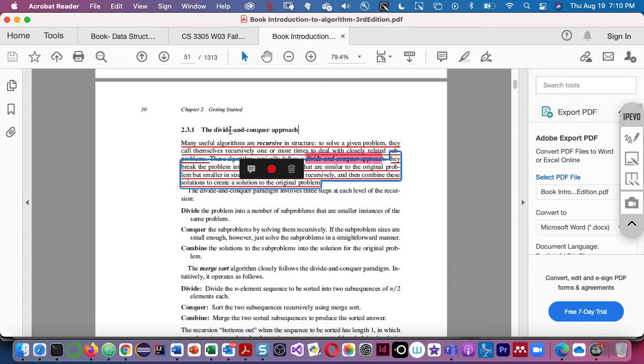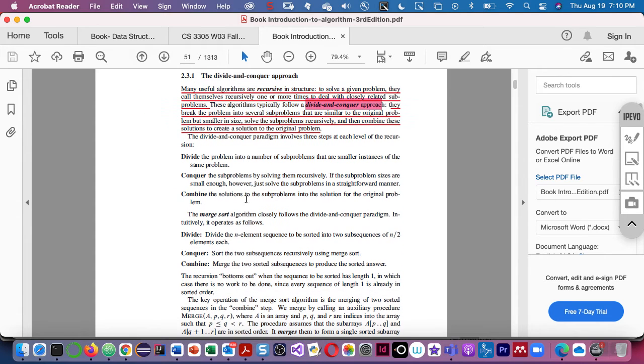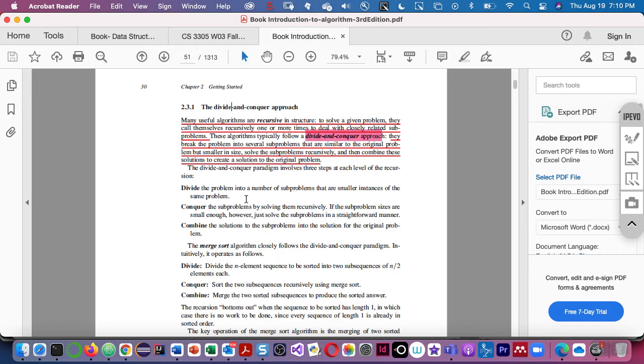So the title says divide and conquer. Divide means split the problem into some sub problems, some smaller instances, and then solve all of these sub problems recursively.